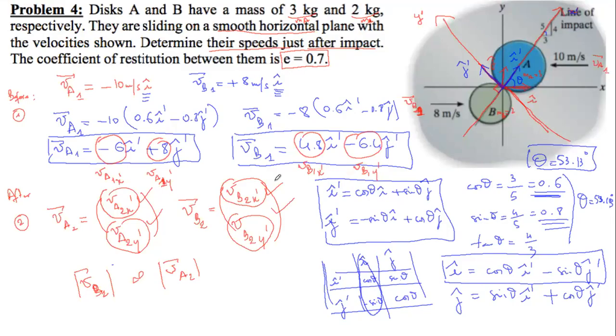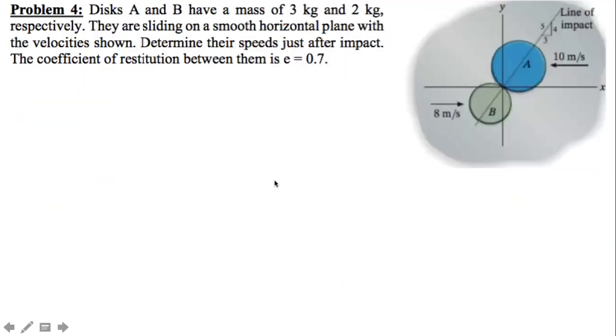Great. I will write the main results, and then we will proceed in solving. Now my paper is quite busy and messy, but you understand the game. Okay, let's look at it. So this is what I did before collision. This is what I know.